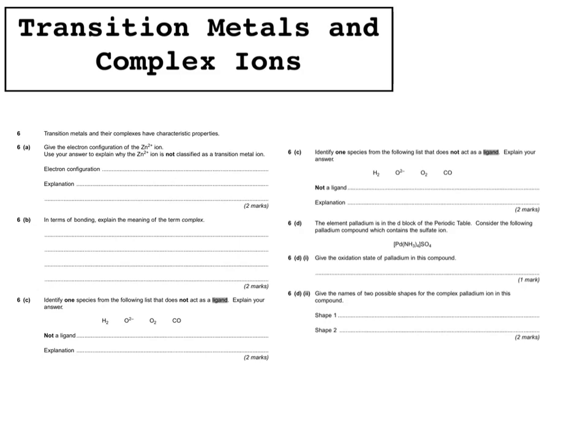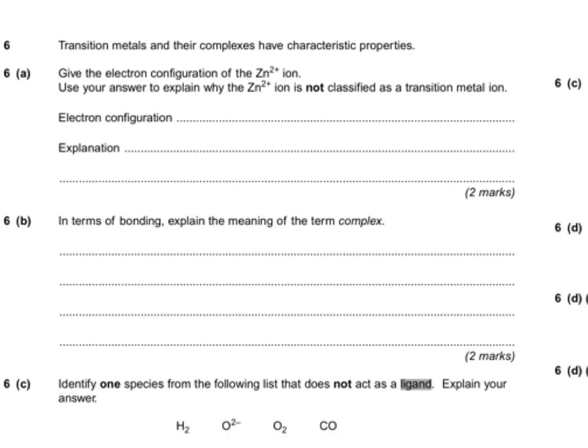So this next question says, transition metals and their complexes have characteristic properties. Give the electron configuration of a Zn2+ ion. Use your answer to explain why the Zn2+ ion is not classified as a transition metal. So the electron configuration is 1s2, 2s2, 2p6, 3s2, 3p6, 3d10, because remember the 4s electrons are removed first.